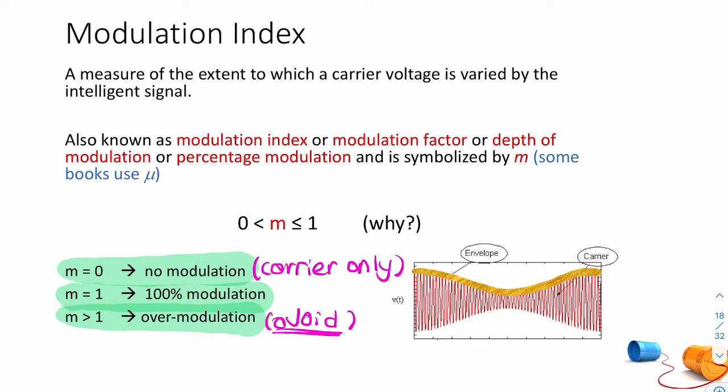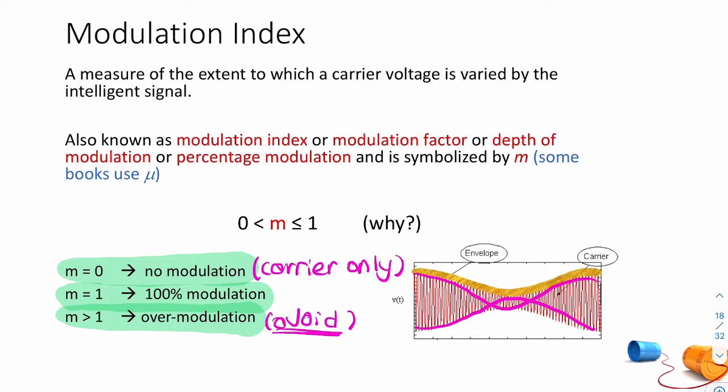And the reason is because the more you modulate, the closer these two get together. Until at some point, if you exceed 100%, what you'll have is a phase reversal.